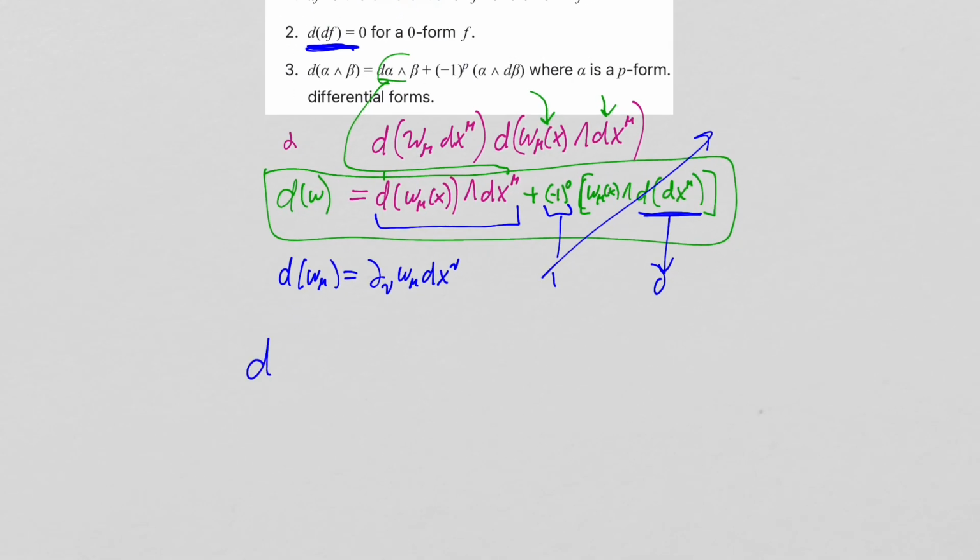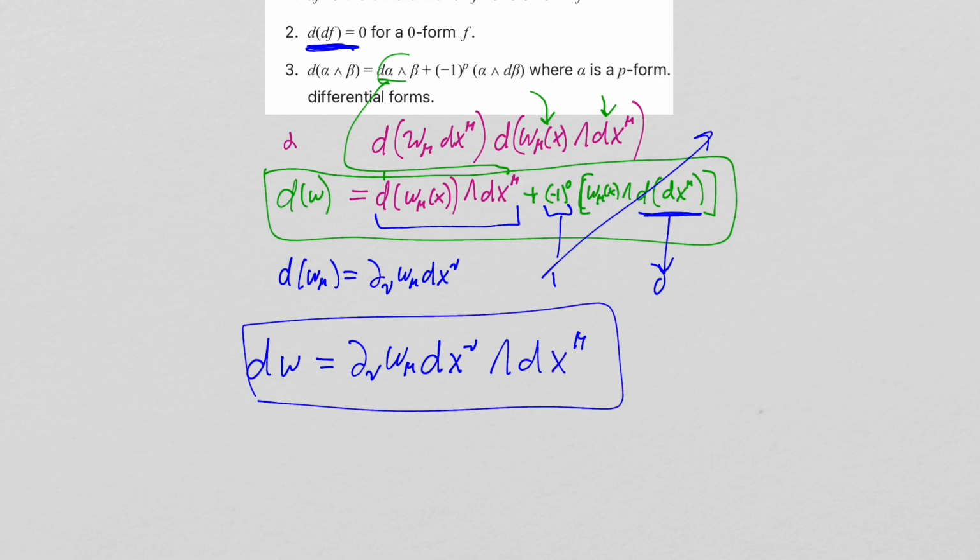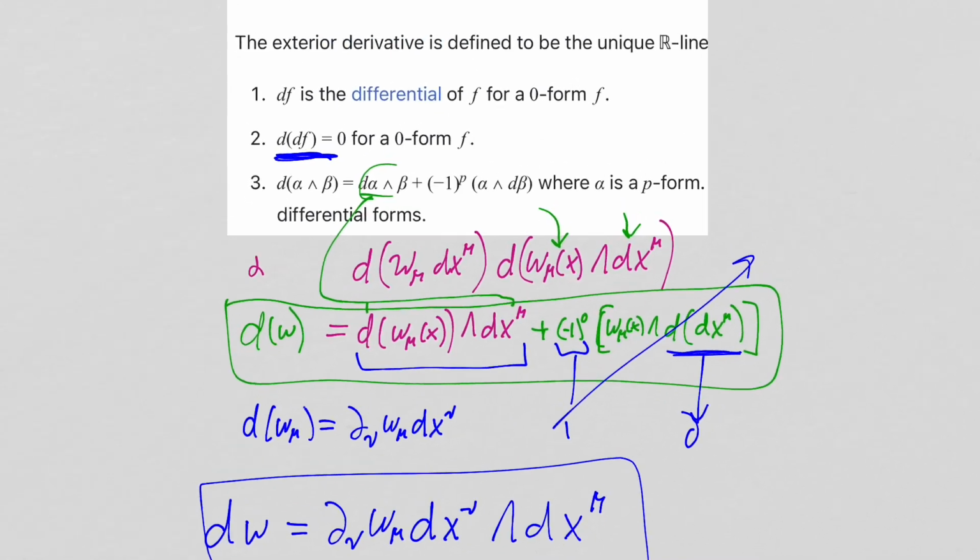Ergo, the exterior derivative of a one form omega is now partial nu omega mu, which is a function of x, right? So these partials make sense. dx nu wedge dx mu, right?